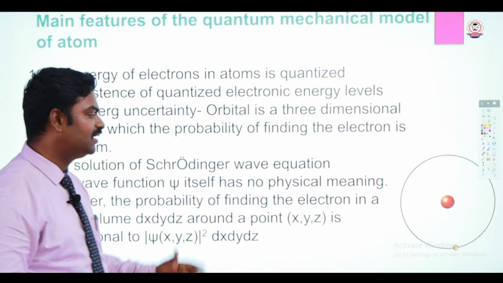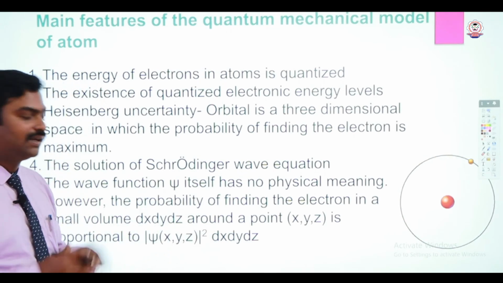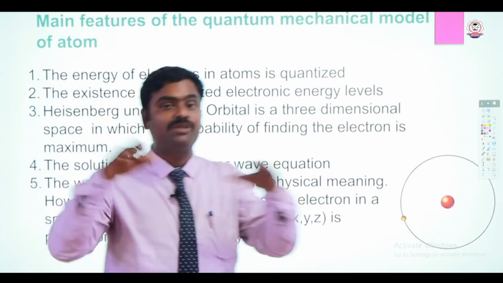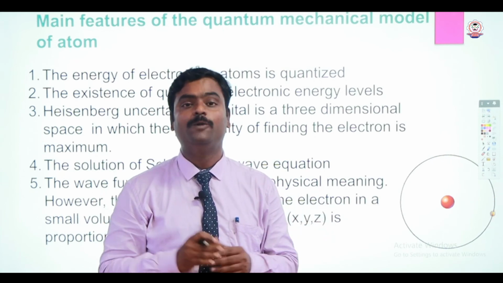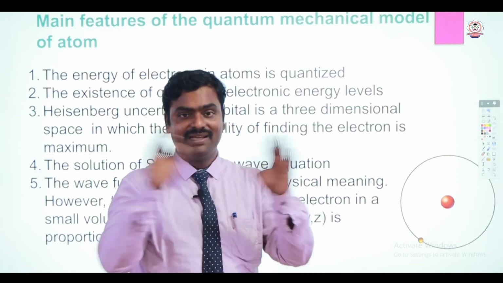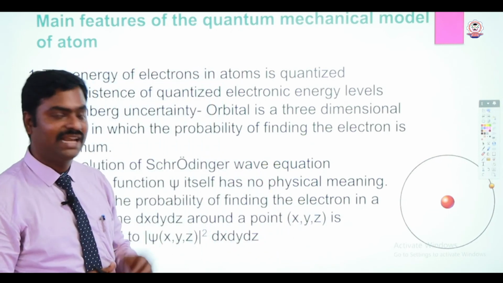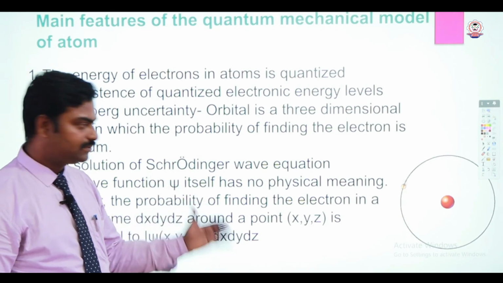That is nothing but the modulus square of psi, the function of x, y, z. Why are we using x, y, z? Because in three-dimensional space, we use three axes x, y, z to find a particle. That is why the population density of an electron is psi modulus square.